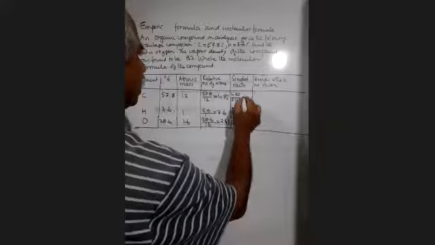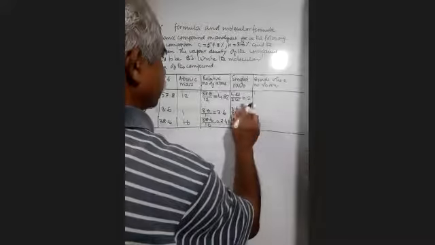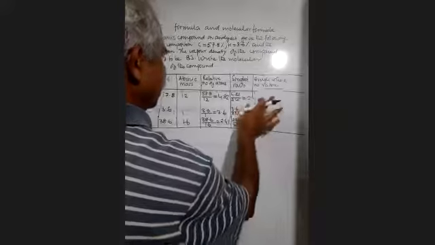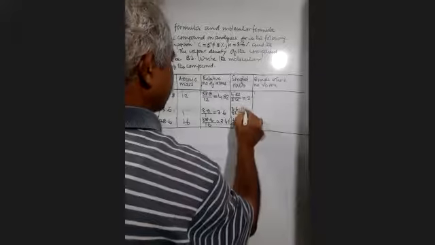Here this is 2 and this is 1. So 3.6 divided by 2.41 is how much? 1.49, which is 1.5 only. Now, with what digit should you multiply to get a whole number?